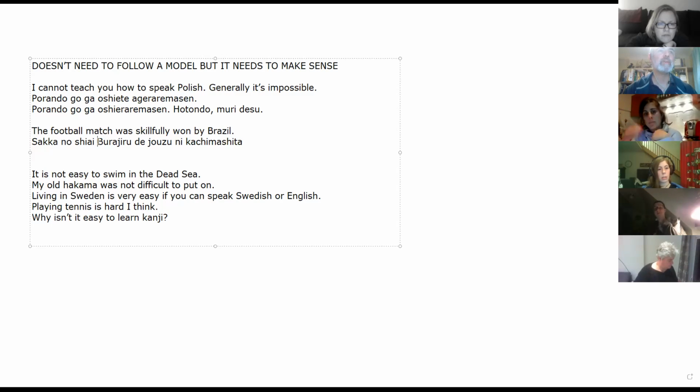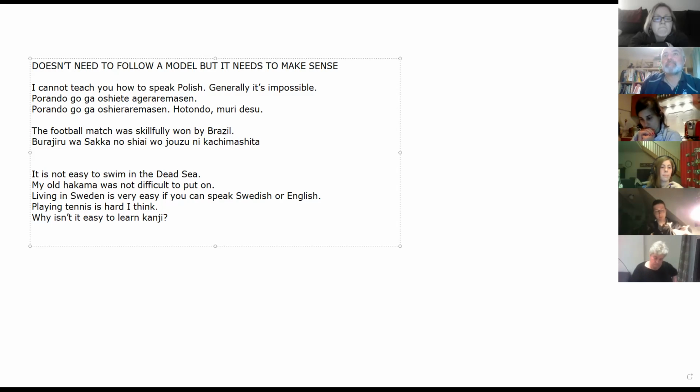Okay, let's just do a little sense check of this. We can't actually do it by using de, but what we can do is make Brazil the topic of this sentence. We can just make it really simple. ブラジルはサッカーの試合を上手に勝ちました。This is now absolutely correct.